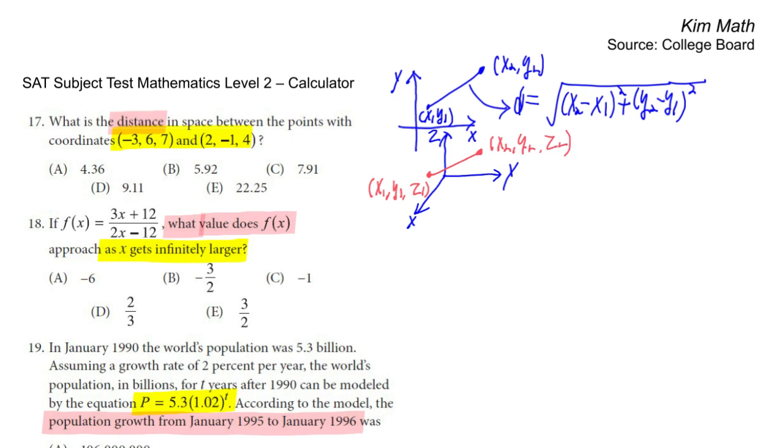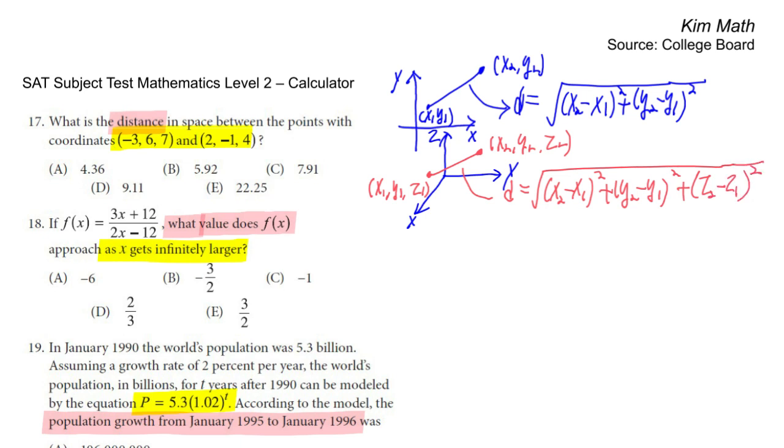Okay, now what is the distance? We can use the Pythagorean theorem twice to find the distance. The result will be the square root of x2 minus x1 squared plus y2 minus y1 squared plus z2 minus z1 squared.